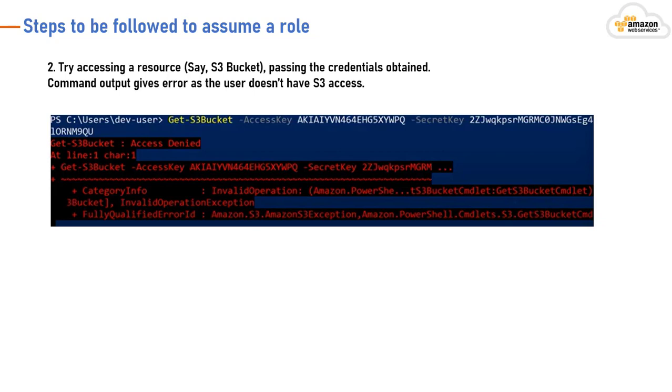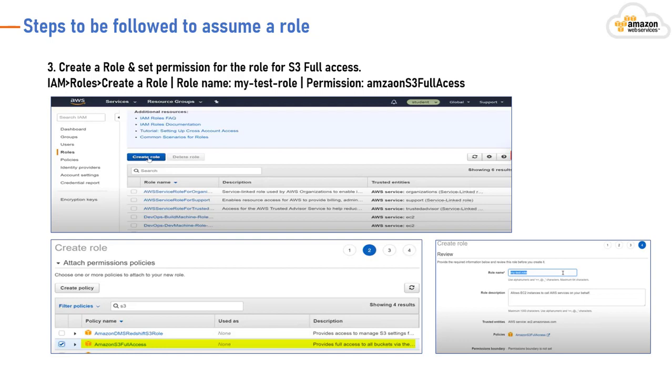Now step 3, create a role and set permissions for the role for S3 full access. For that, go to IAM, roles, create a role, say my test role, and provide the Amazon S3 full access into it. Once that role has been created, the next step would be to edit trust relationships of that created role.